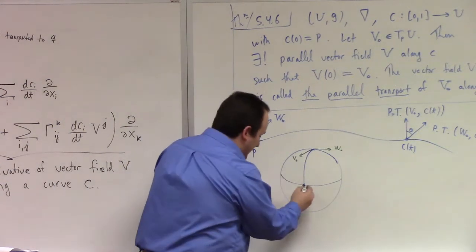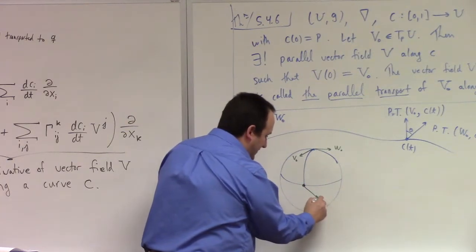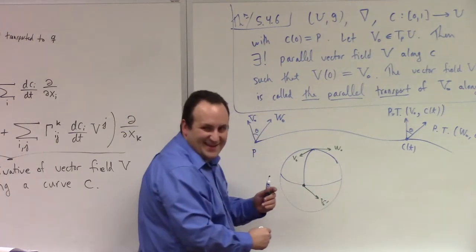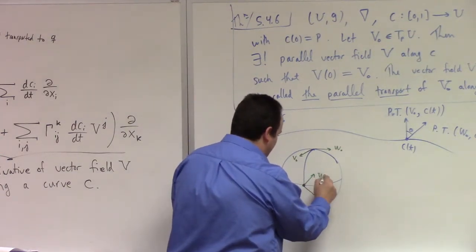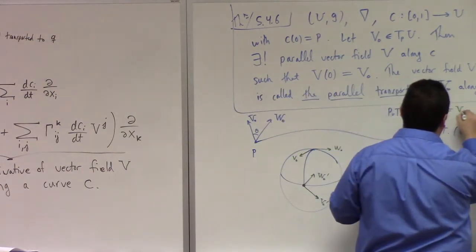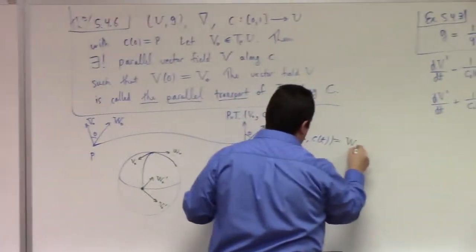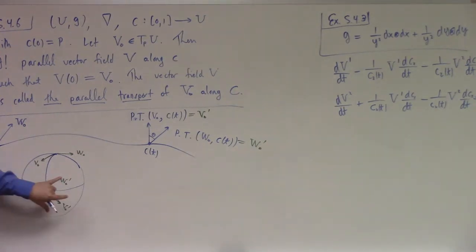Now, whatever my notion is of parallel, whatever my parallel transport is, maybe it's such that V naught ends up being parallel transported to that, and I'll call it V naught prime. And then W naught, well, what I do know is that, once I sort through this notion of parallel transport, if I start out with a pair of vectors on the sphere, which have to be in the tangent plane to the sphere, and if I start out with them perpendicular, I'm going to end up with them perpendicular, all right?